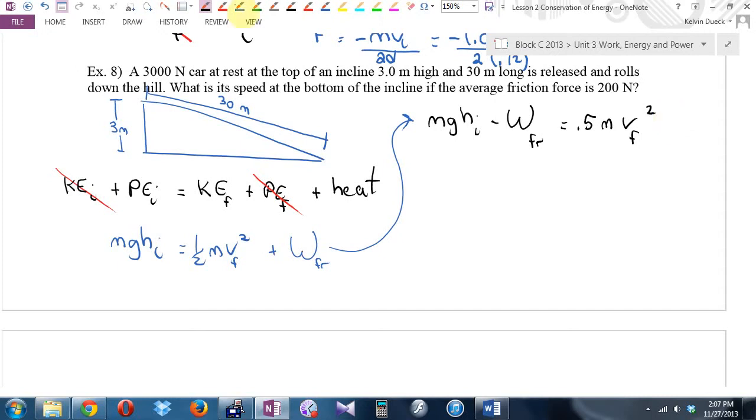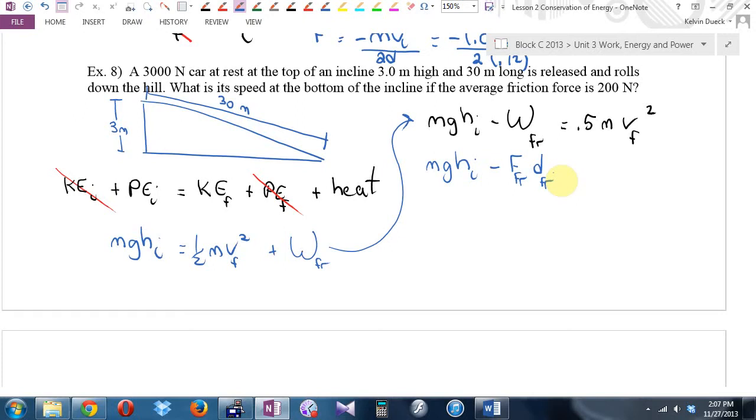But yeah, I can write this as mgh initial minus the force of friction times the distance that friction is acting for. Look at my drawing. Which distance am I going to put there, the 3 or the 30? Which distance is the distance that friction is acting for?